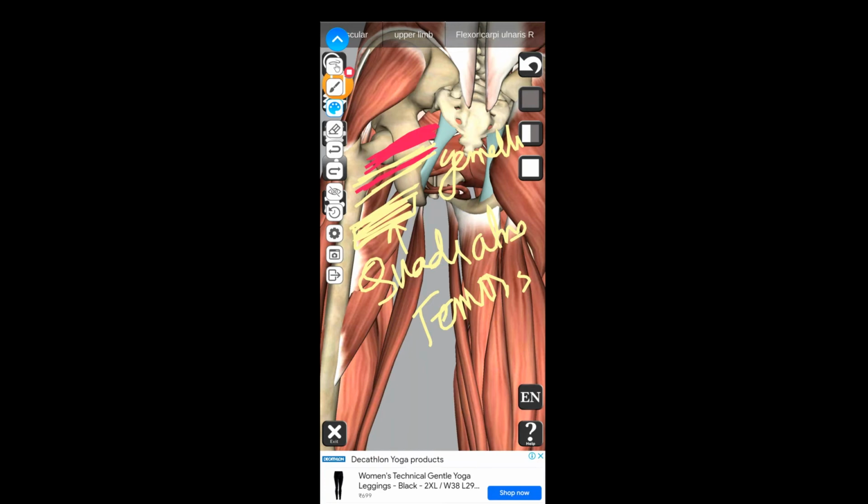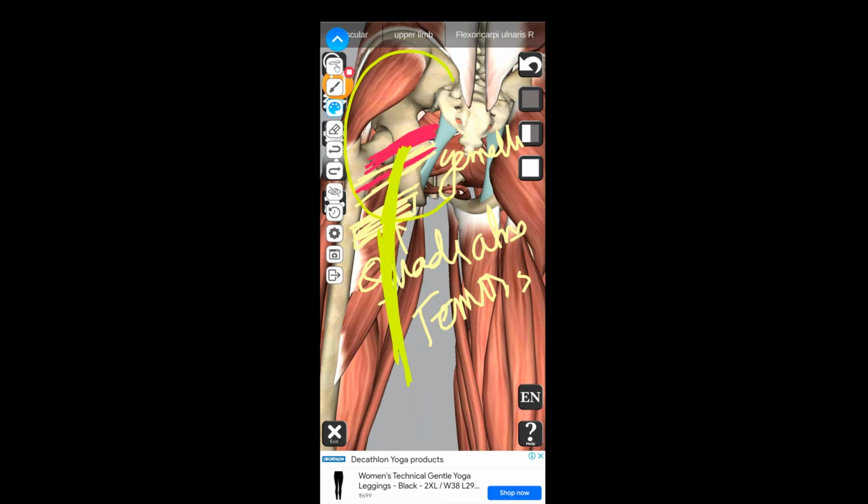I will also show you the marking of one nerve here in this diagram. Your sciatic nerve will come from your sciatic foramen and below the piriformis, like this, the green thing I'm showing. This is your sciatic nerve, a thick nerve. In the gluteal region, this piriformis will be somewhat up.